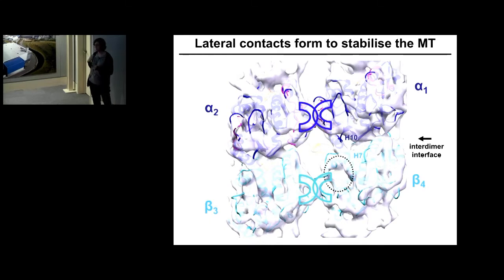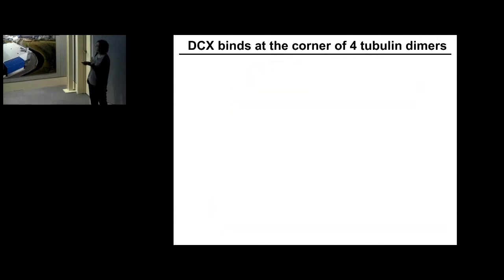So this is a pocket that has evolved to be formed in the context of the polymer, and Taxol is able to capitalize on this somehow and to stabilize these microtubules by that means. But Doublecortin doesn't perturb that pocket in the context of these microtubules. So that was then, and of course we are continuing to work on this question at higher resolution.